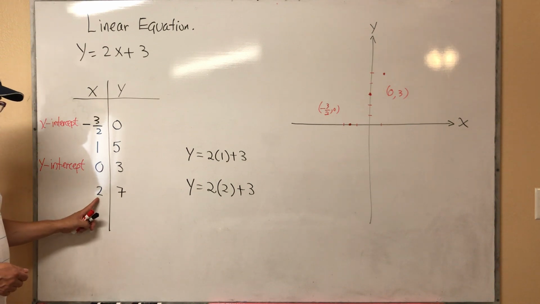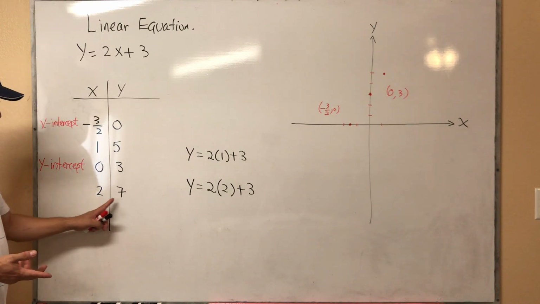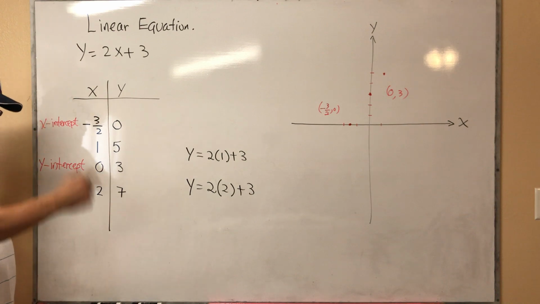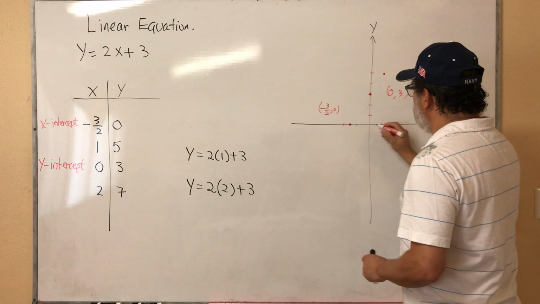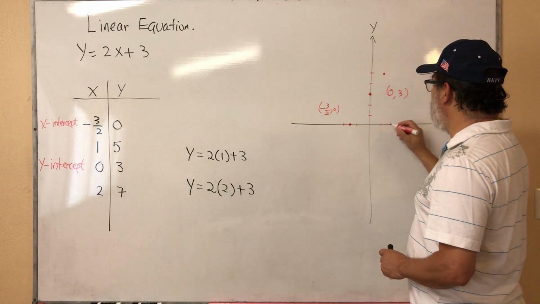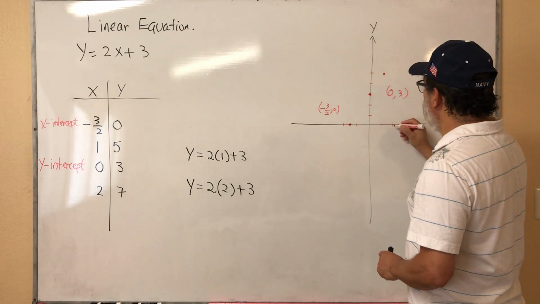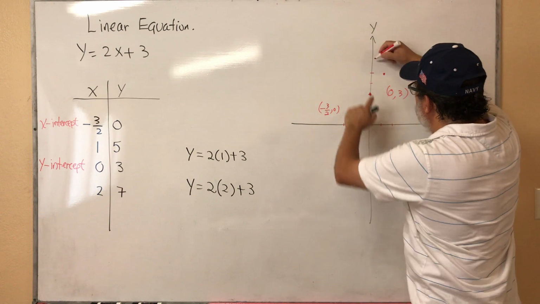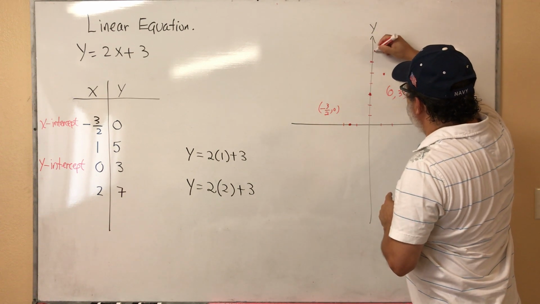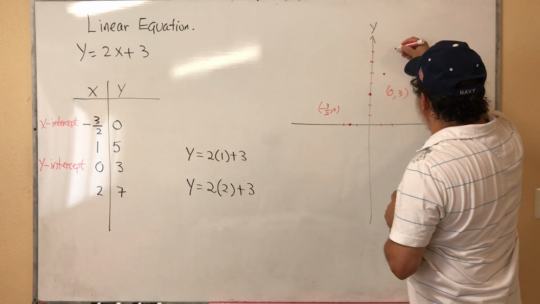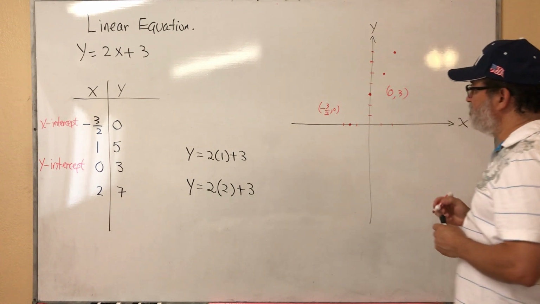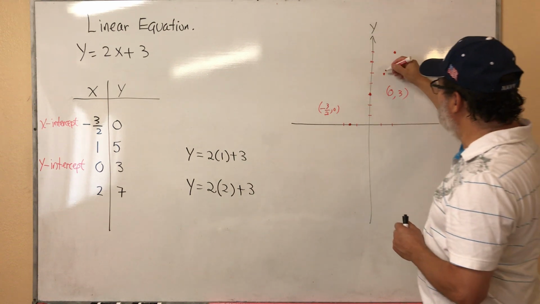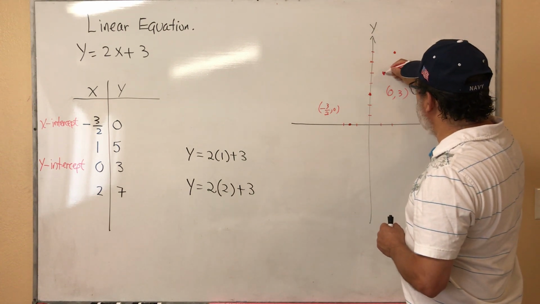You move 2 to the right, 7 up. Start from the origin. 1, 2 to the right, and then 5, 6, and 7 up. We're getting a line.